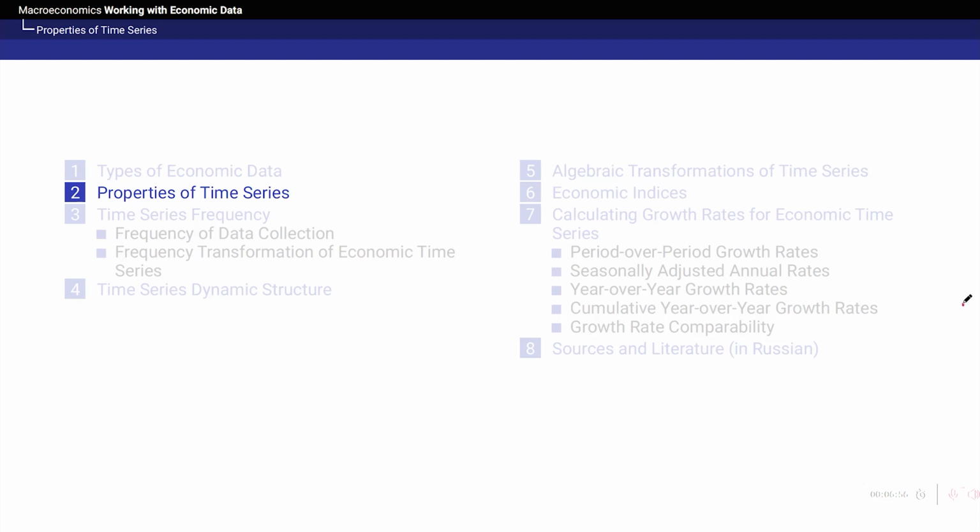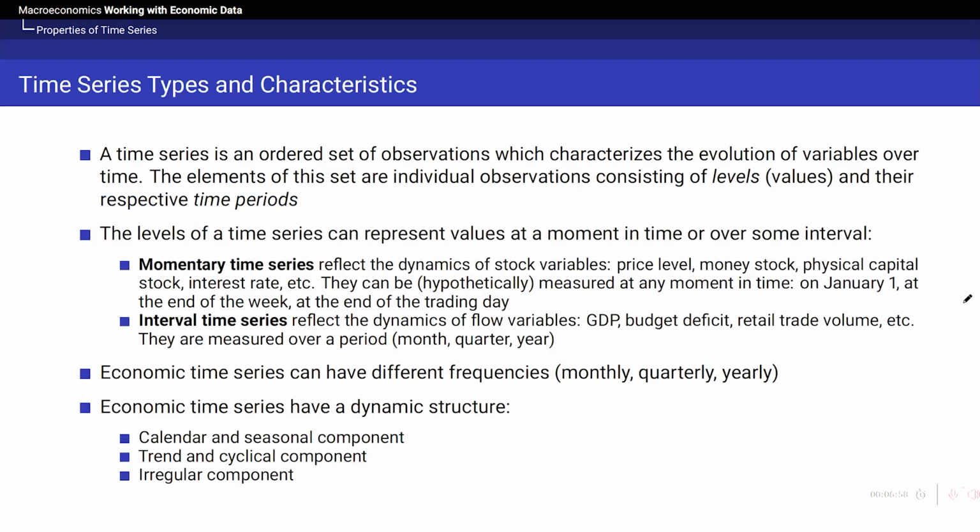Now, let's restate again what a time series is. A time series is an ordered set of observations relating to one or several characteristics of an object. Depending on the number of variables, a time series can be univariate, containing data on just one variable, or multivariate, meaning containing data on a lot of variables.